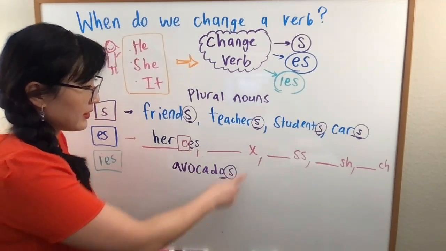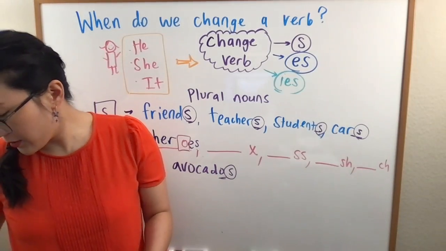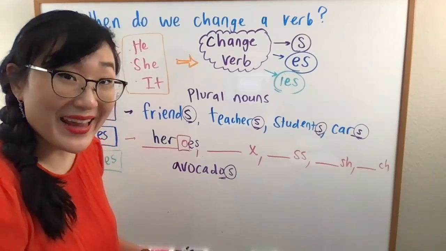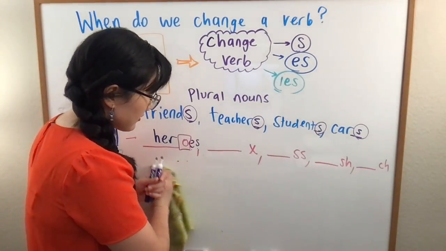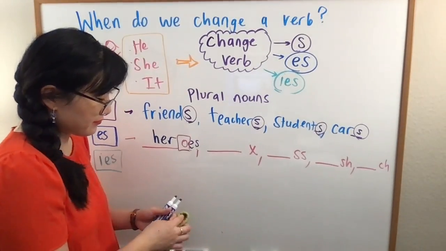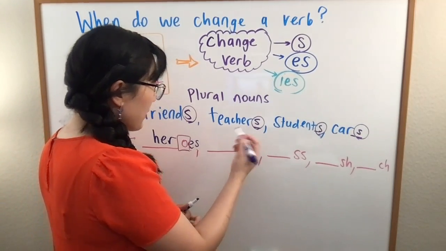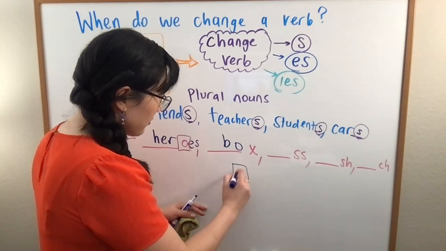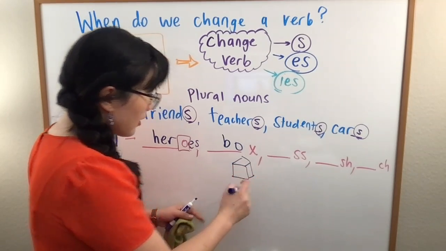Okay. X. What nouns end in X? When you're packing a box, right? This is a box. A box.